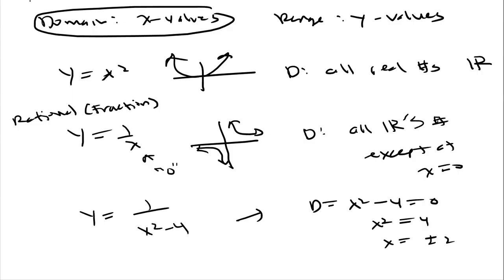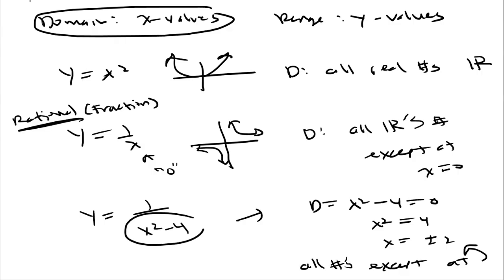So what this means is that the domain is all numbers except plus or minus 2, because if you plug in plus or minus 2, it's going to make the denominator 0. So if you have a rational function, you take the denominator and set it equal to zero to figure out which numbers are not going to work. That's the purpose.